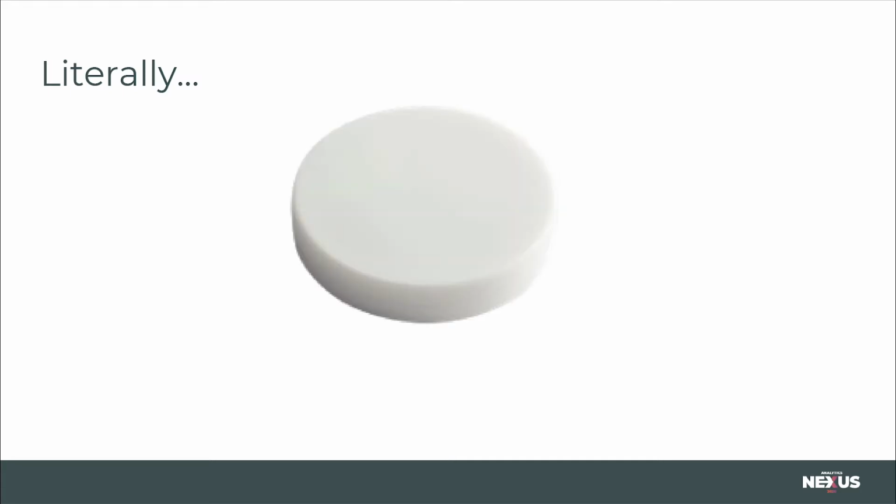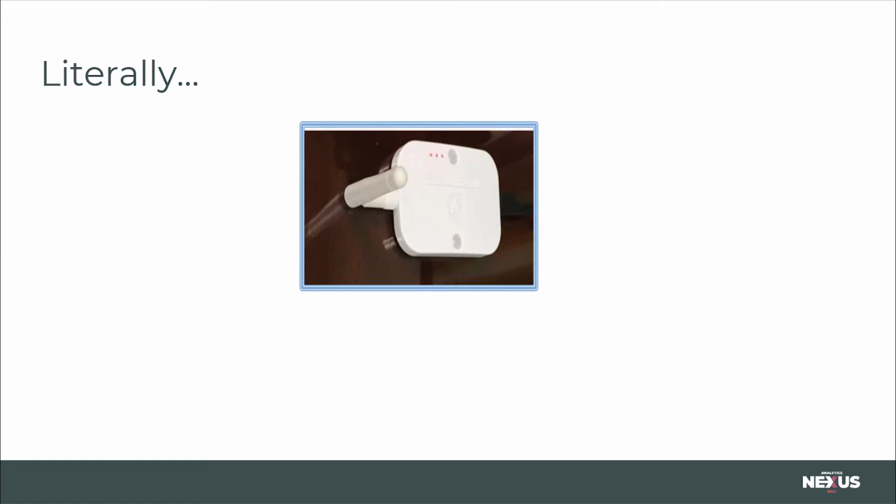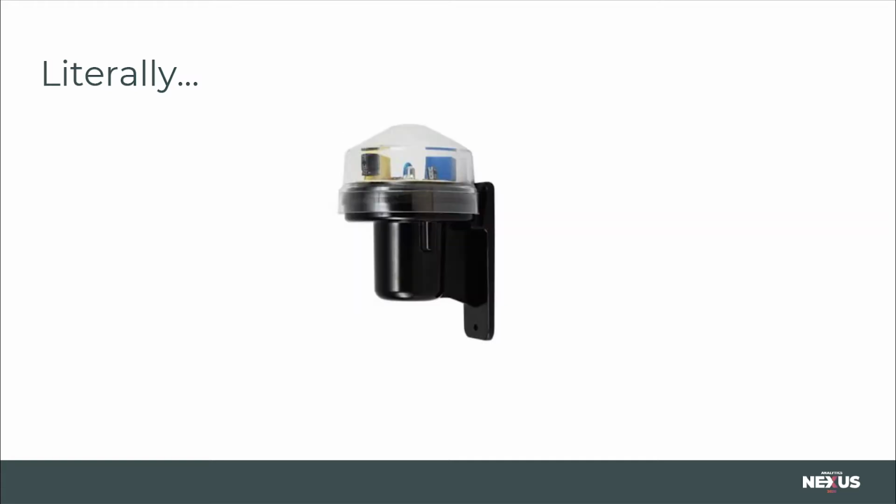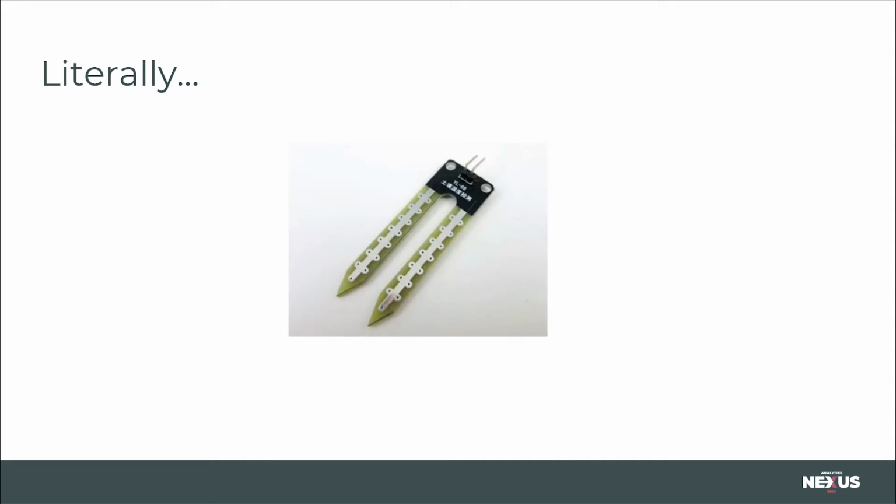This is part of a Bluetooth mesh network. This is a Wi-Fi sensor. The little antenna is picking up Wi-Fi signals from devices. This is a standard stereoscopic lens video camera for tracking objects and especially people in space. This is a light sensor picking up changes in lighting and what's going on in the environment. This is a moisture sensor used in agriculture. You stick these in the ground and you can measure whether or not you have enough moisture in the ground.